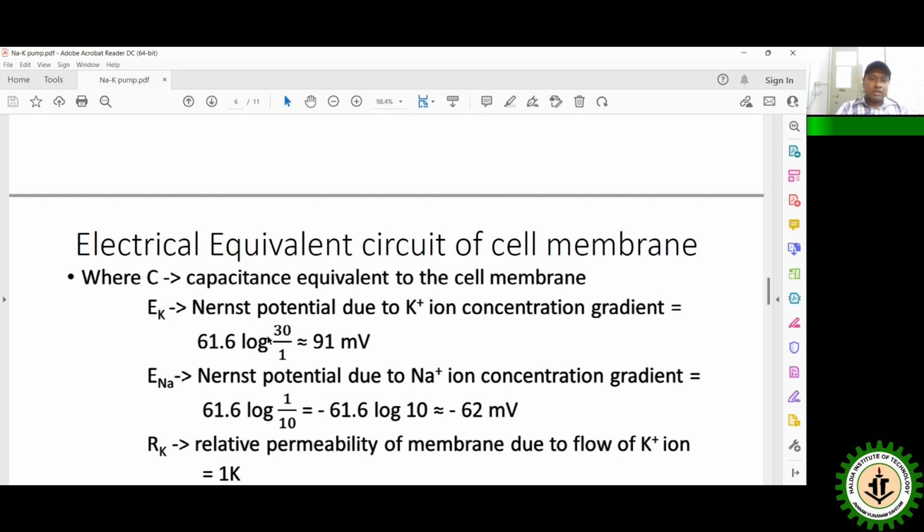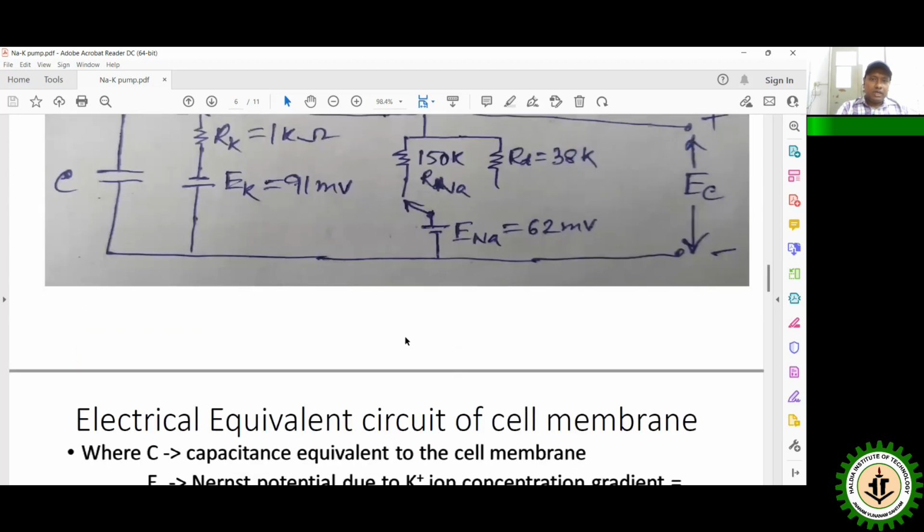That is why we have written 61.6 log 30 by 1, as it is 30 times higher than the outside. So it is approximately equal to 91 millivolt, right? Next one is the ENa.